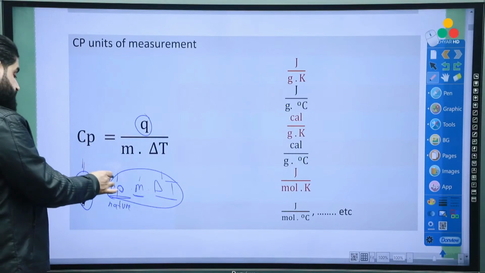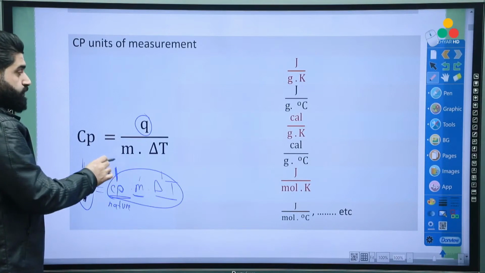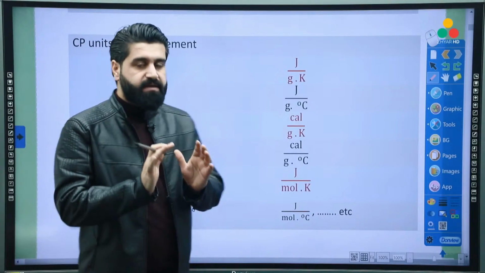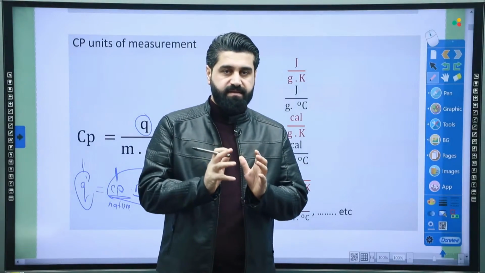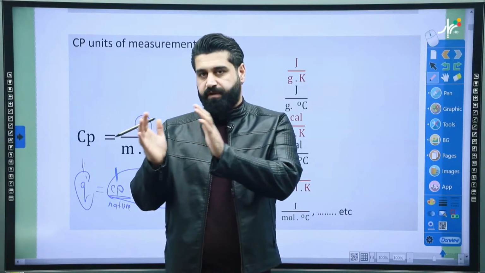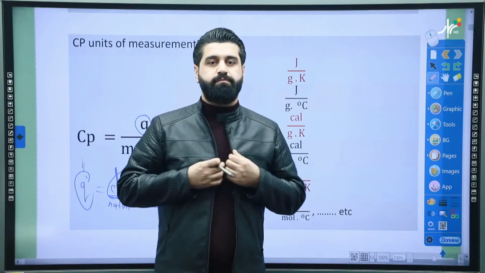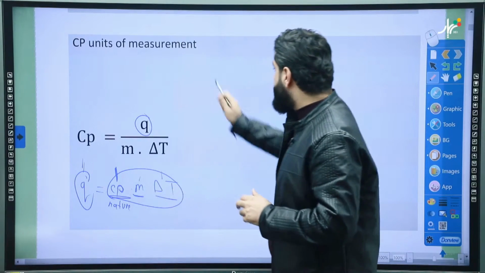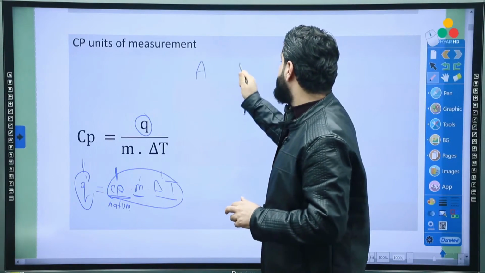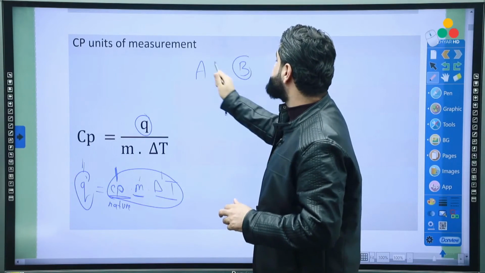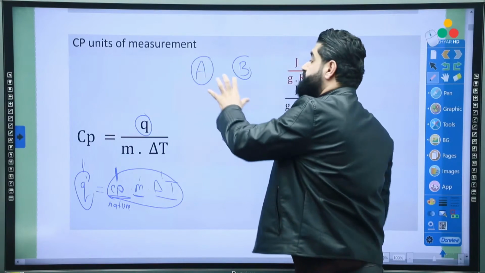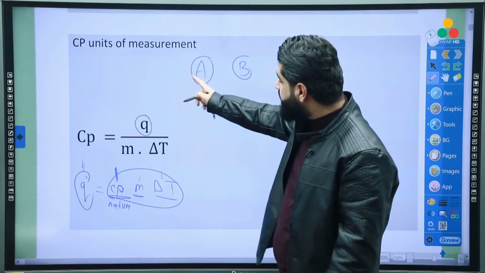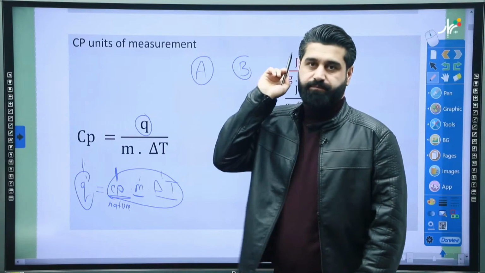So for what do we use Cp? We use Cp to compare the tendency, the ability, the capacity of different substances to absorb energy. So if we have two substances, A and B, and they ask you which one absorbs more energy, you have to say the one that has greater Cp.